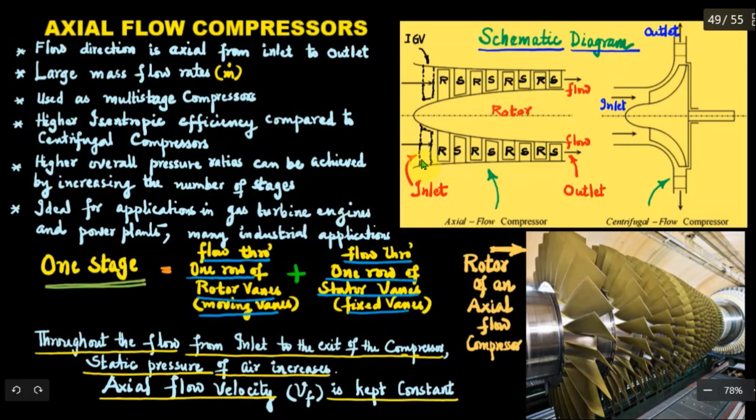The static pressure of air increases in every rotor stage and stator stage. Regardless of whether moving vane or fixed vane, static pressure increases during the flow through every rotor vane and every stator vane.